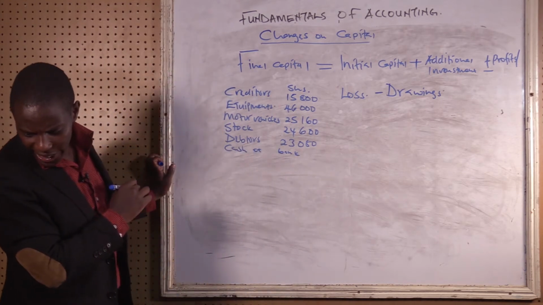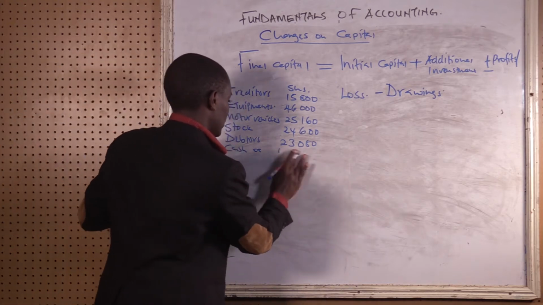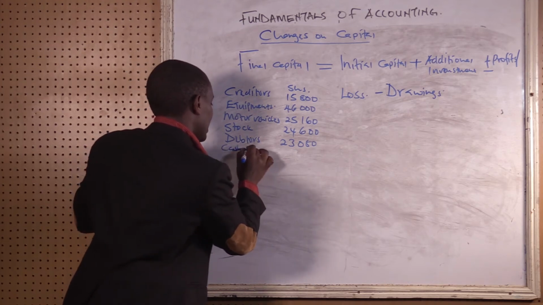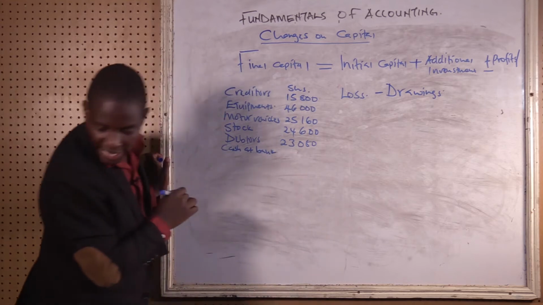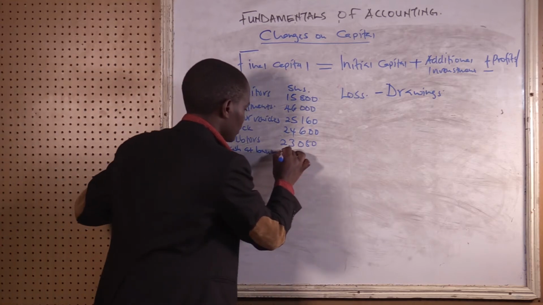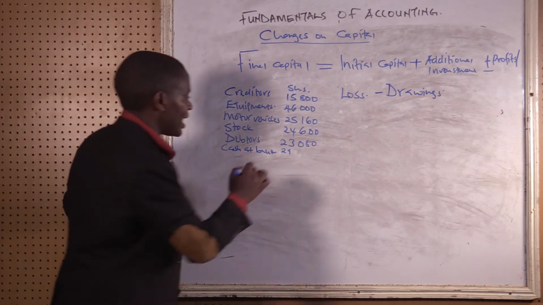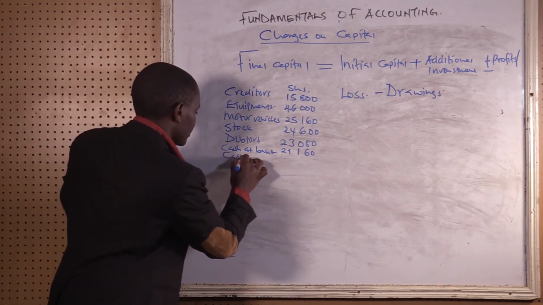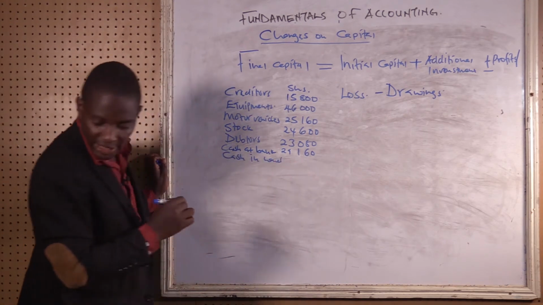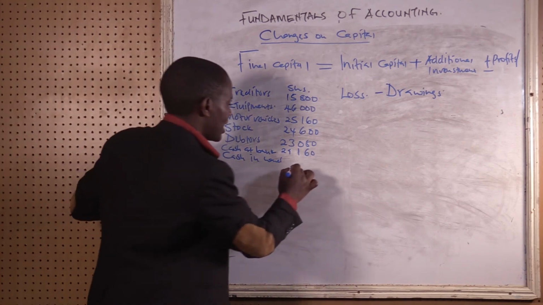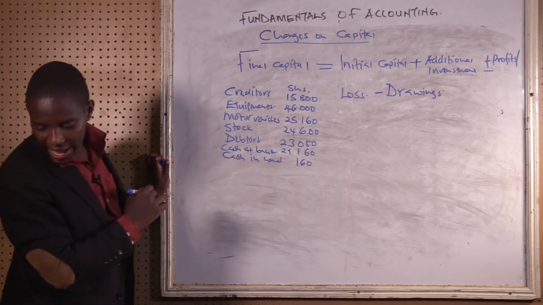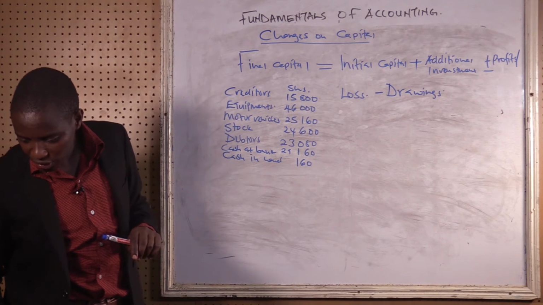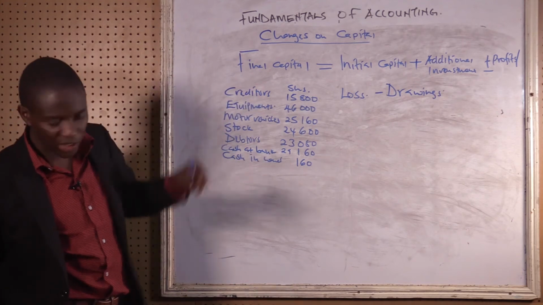Let me write it well so that we have a systematic order. The cash at bank was 29,160. And then we have cash in hand. Cash in hand, we had 160.